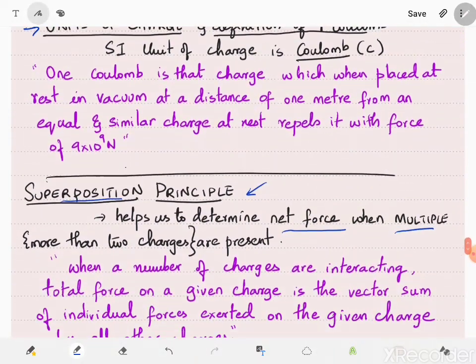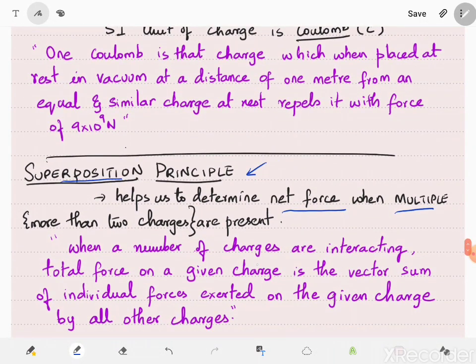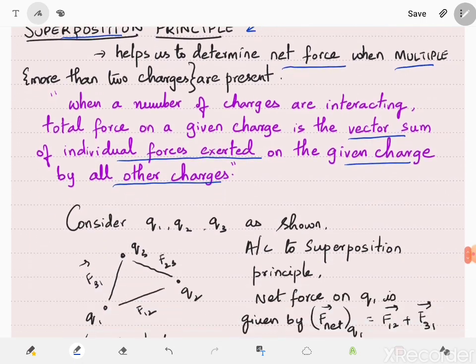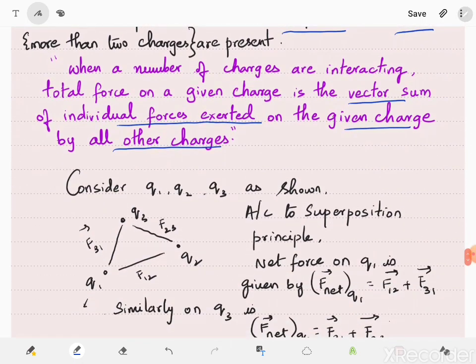According to superposition principle, when a number of charges are interacting, total force on a given charge is a vector sum of all individual forces on the given charge by all the other charges. What does this mean? Take a look here. I've considered 3 charges here. It can be extended to n charges as well, but for simplicity, I've taken only 3 charges: Q1, Q2, and Q3.